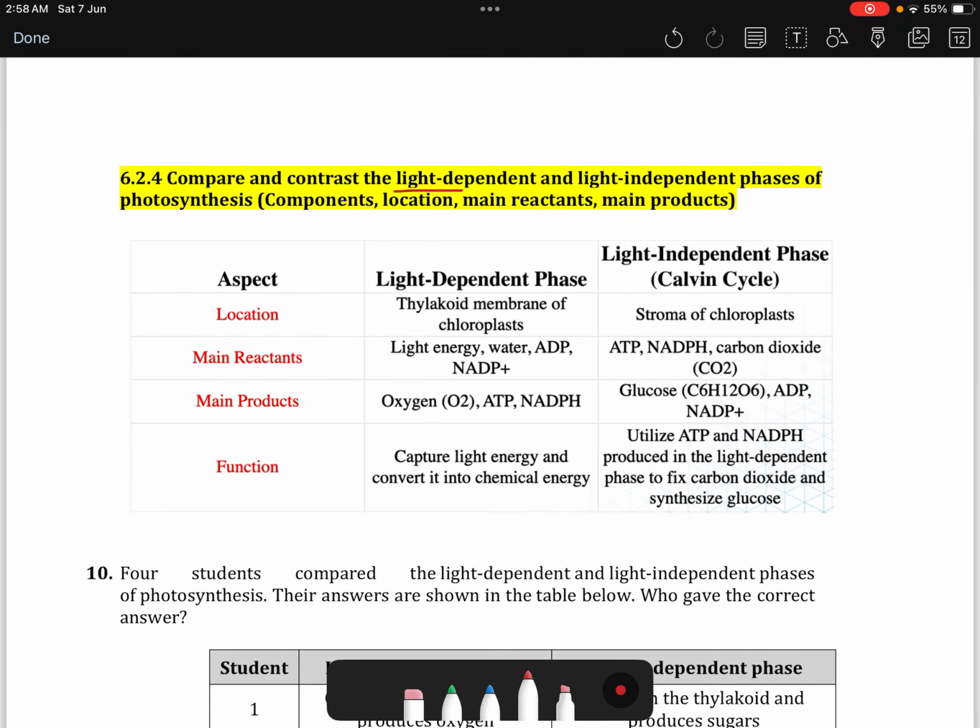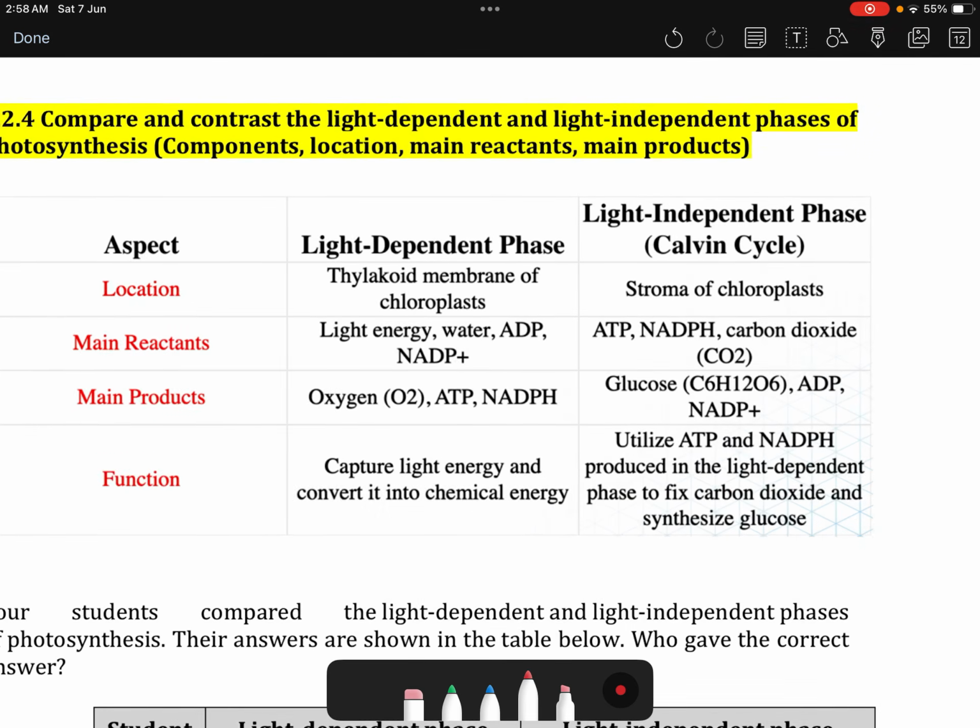Compare and contrast the light dependent and light independent reactions of photosynthesis based on component, location, main reactants, and main products. We did most of it above, but we will see again. Location: light dependent in the thylakoid, independent in the stroma. Reactants: ADP, NADP plus, and water, while ATP, NADPH, and CO2 is the product.